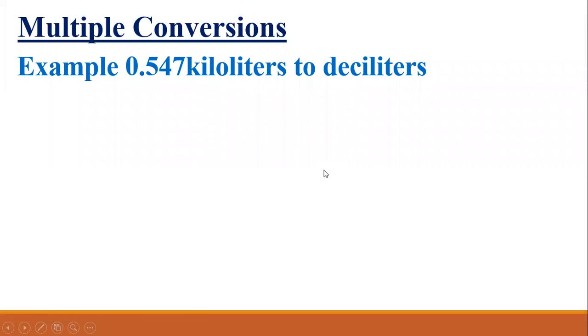Okay, so in multiple conversions, for example, convert 0.547 kiloliters to deciliters, using only conversion factors based on the equalities, okay?